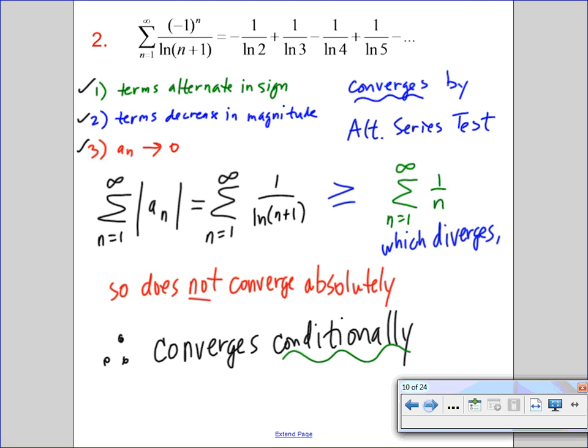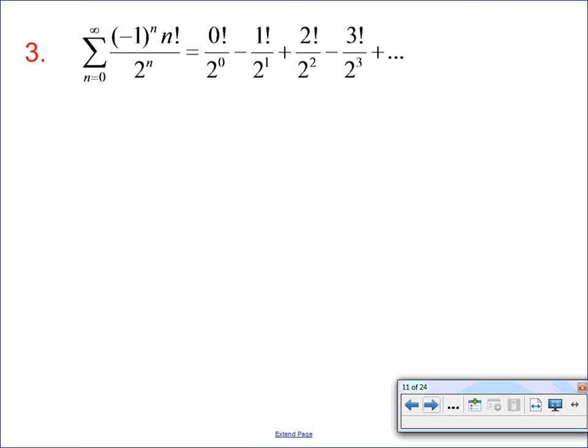Okay. So what are we going to do now for 3? Do I have an alternating series? Yep, the terms alternate in sign. Do the magnitudes of the terms decrease?